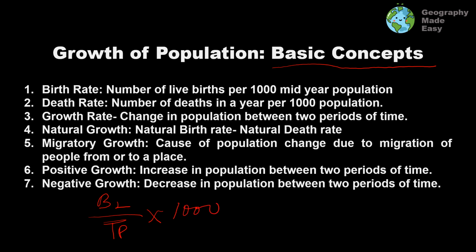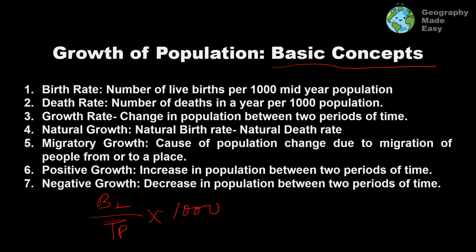Here we have to see that the population is taken as an average, so the mid-year population is considered in this case, not at the end of the year. So total number of live births, that is the number of children who are not stillborn, are considered against the total population into 1000, which gives us the birth rate of the population.